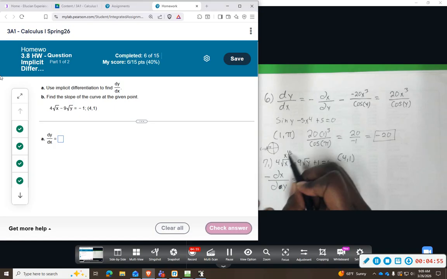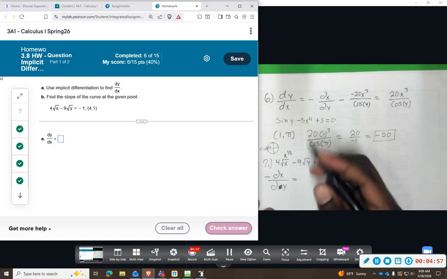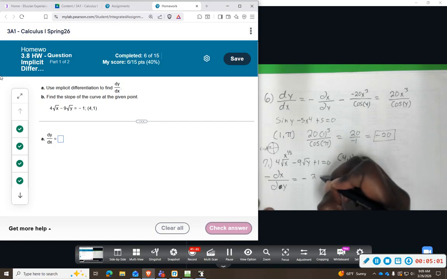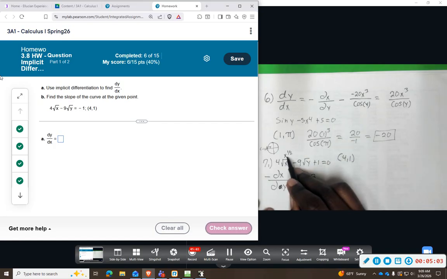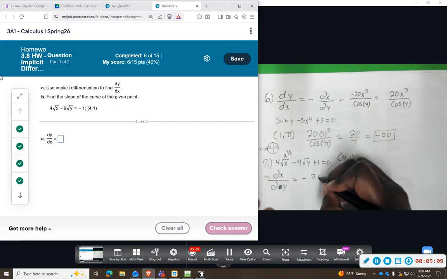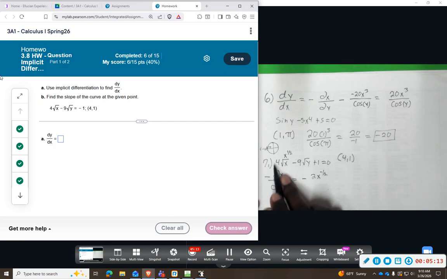Multiply by 1/2, so 4 times 1/2 is going to be 2. And then this will be x to the, when you subtract 1, to the negative 1/2 power. So we'll get x to the negative 1/2. And then this will be 0 when we're talking about with respect to x.